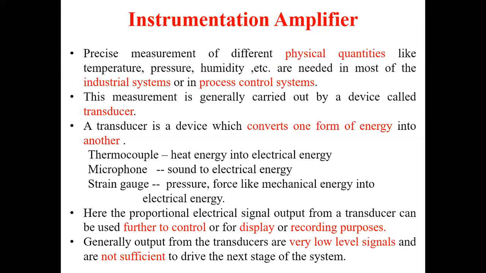For example, take temperature. For temperature, we use a temperature sensor or thermocouple, which converts heat energy into electrical energy. Similarly, a mic converts sound to electrical energy, and a strain gauge converts pressure or force, that is mechanical energy, into electrical energy.